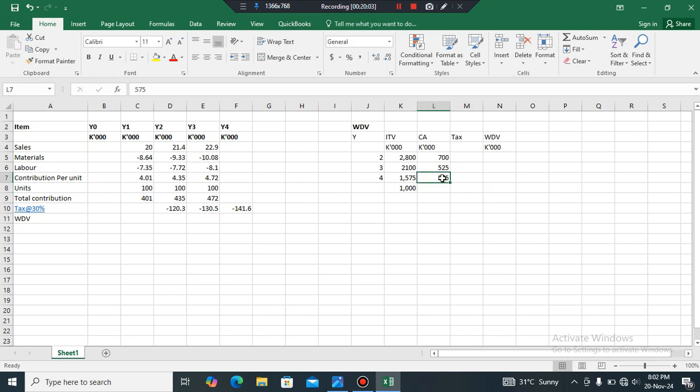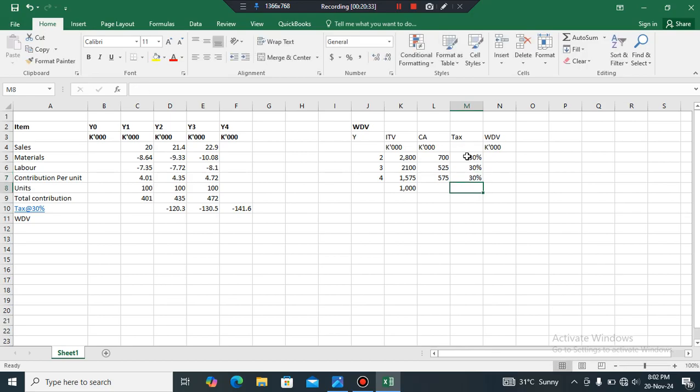If this amount was negative, let's say the asset was sold for 2,000, right? The difference between the two, this income tax value is lower than the disposal proceeds. It simply means that's a balancing charge, right? So next, you multiply by 30%.